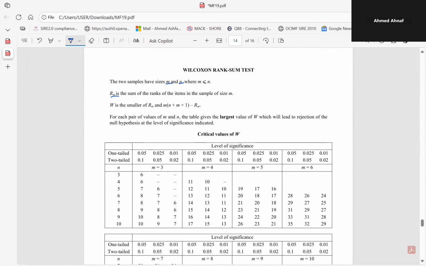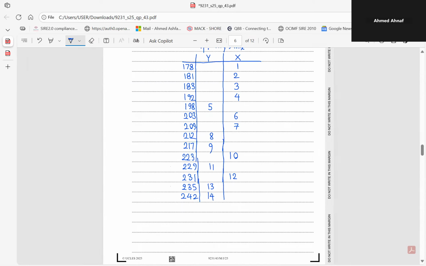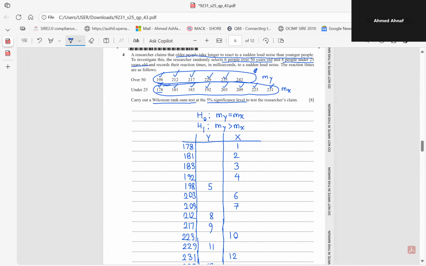Now we're going to find what we're required to find for this rank sum test. The formula sheet already gave you some hints. Our test statistic is W, and W is the smaller of Rm and this expression. Rm is the sum of the ranks of the items of sample size M, and M has to be less than or equal to N. In this case, M is going to be Y because 6 is less than 8.